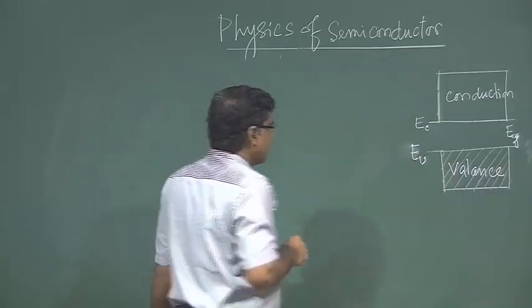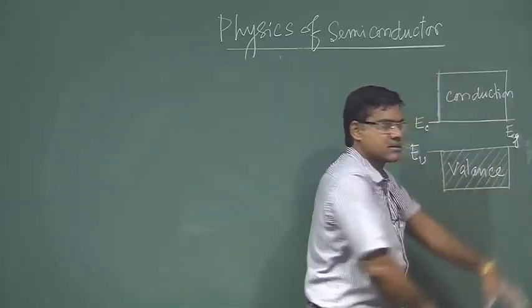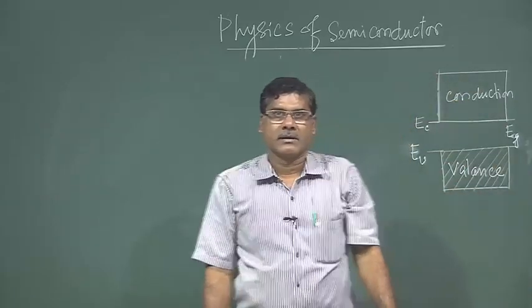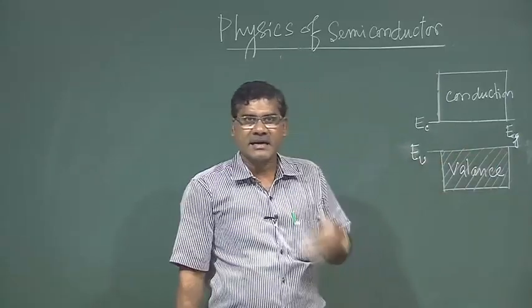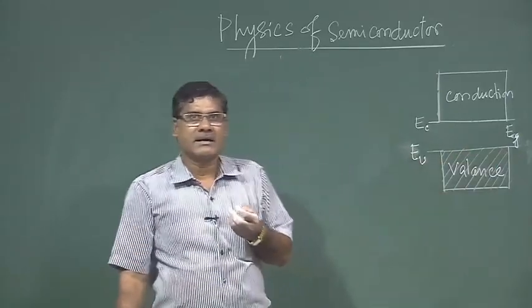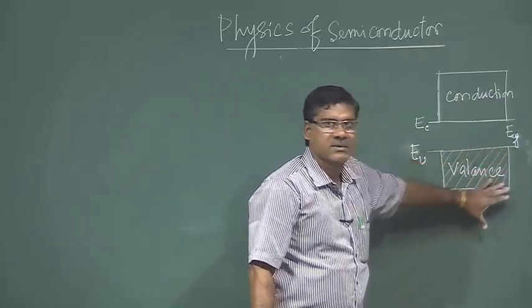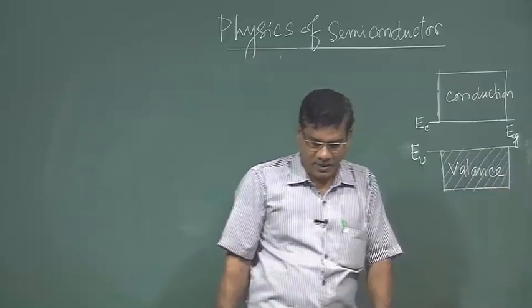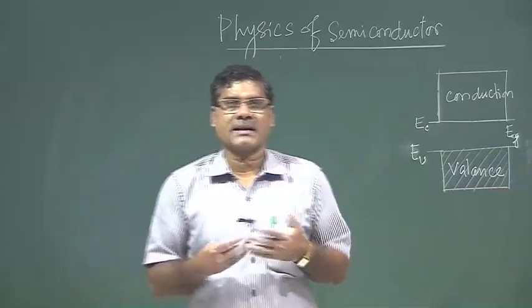Now electrons are distributed in this band, right. Electrons are distributed in this band. So, at T equal to 0, all electrons are distributed here, right. Now, when T is higher, then what will happen?